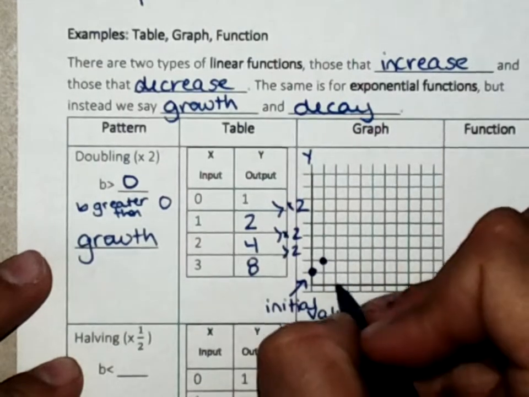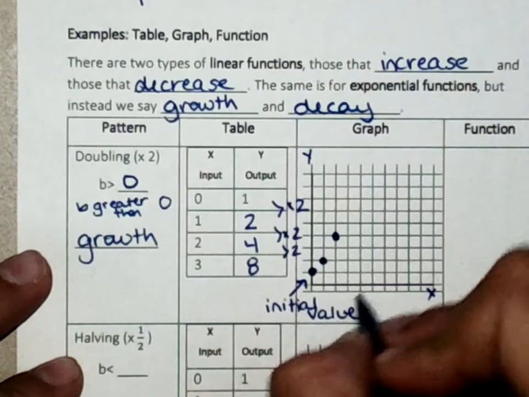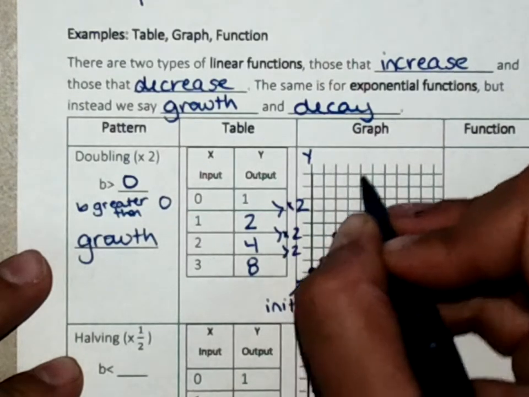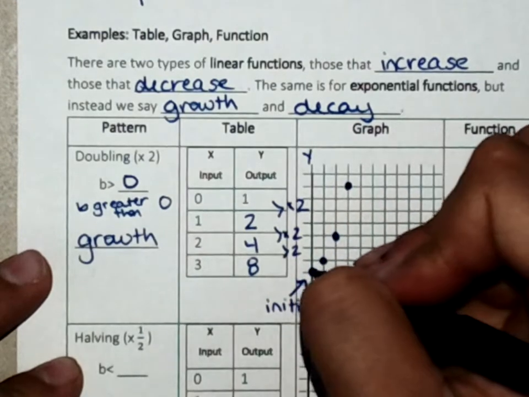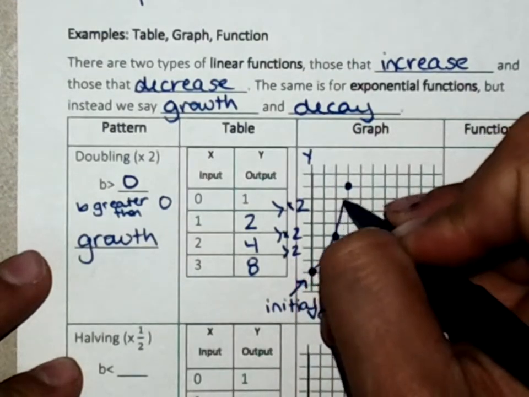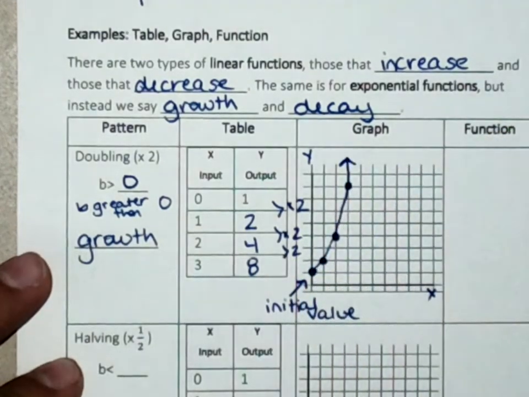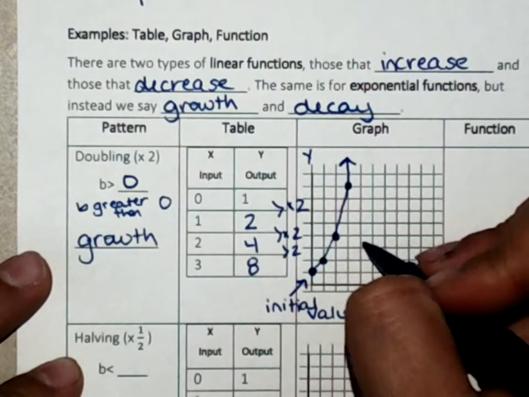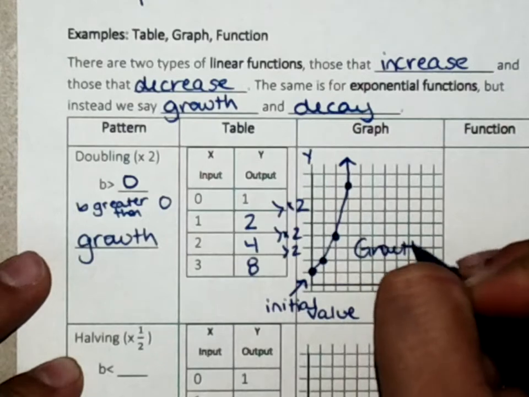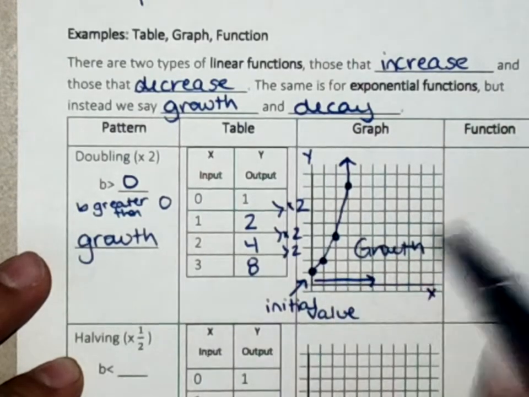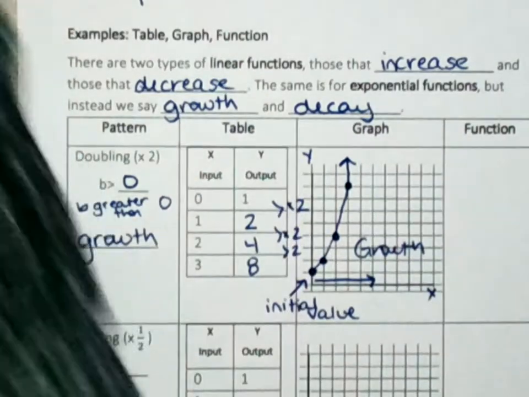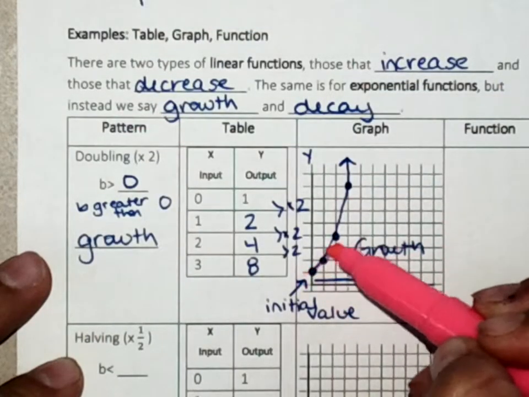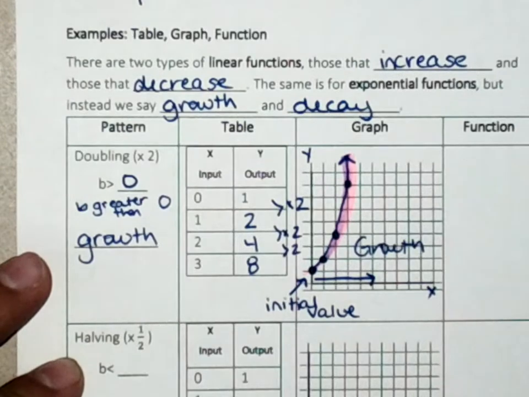We then have 2, 4, and 3, 8. This is going to give us a curved line. We know that it's growth because we read a graph from left to right, and if I follow my line with my marker from left to right, I notice that it goes up.